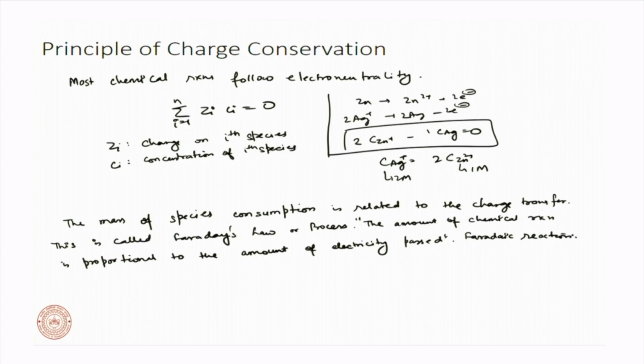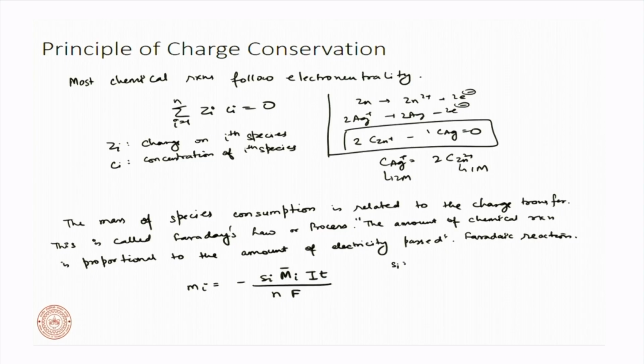Okay. Now, the total mass of the species M_i therefore, will be equal to minus S_i, molar mass M_i, the current I, the time t it has been passed, divided by the number of electrons transferred n into Faraday constant F. Okay.